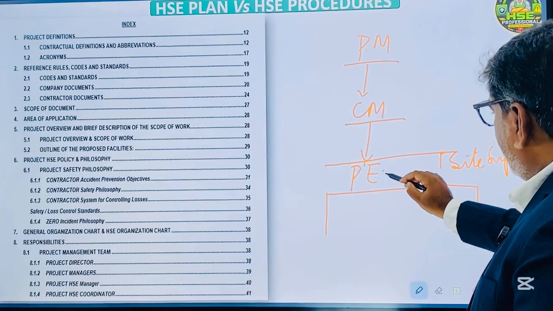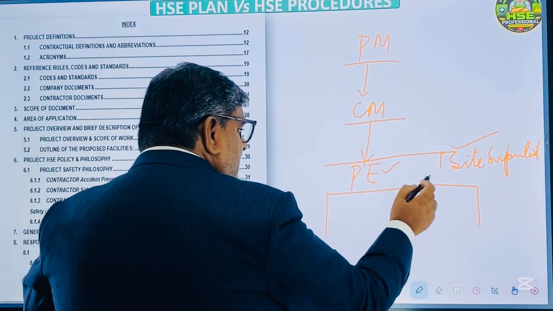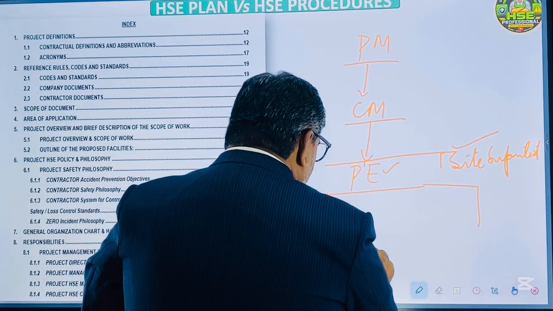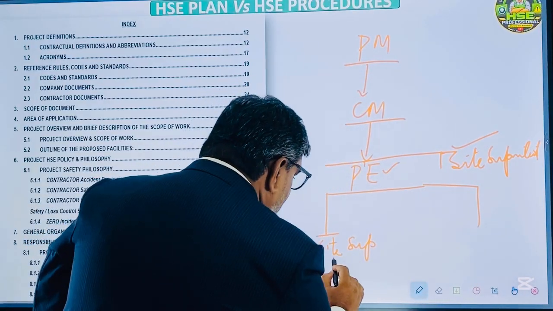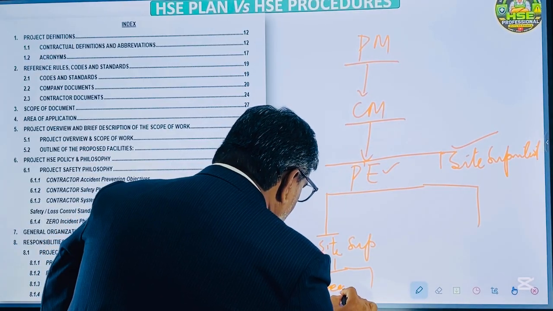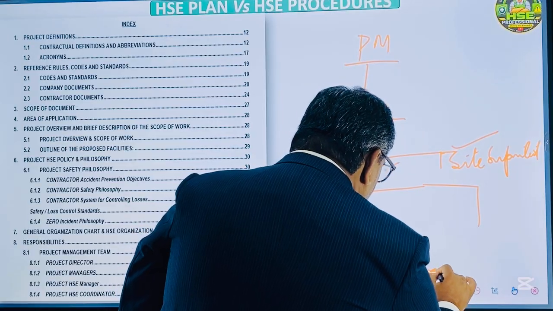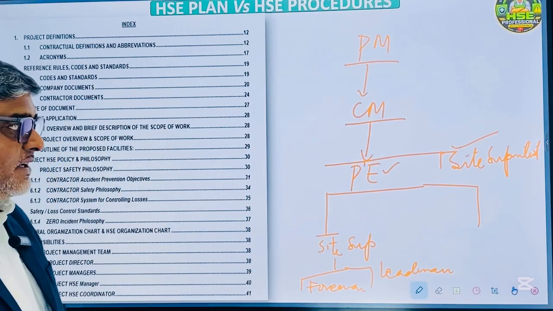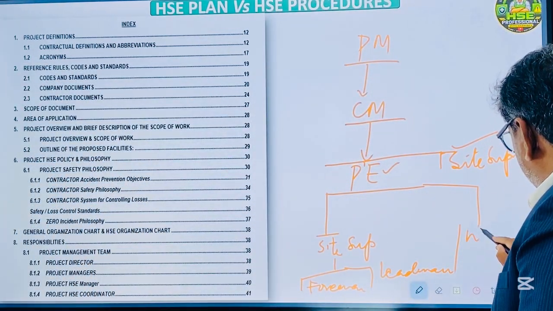Under CM, PE comes, site superintendent comes, and under site superintendent and PE there are site supervisors. Okay, under site supervisors there are foreman or leadman. Sometimes leadman comes under foreman. So these are the structure. Under the leadman there are workers.